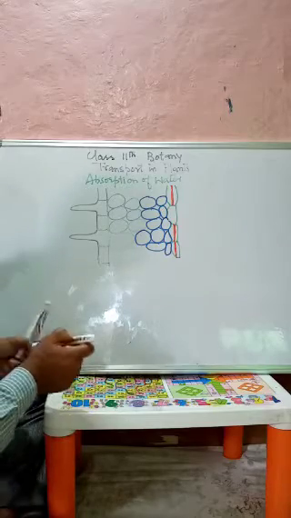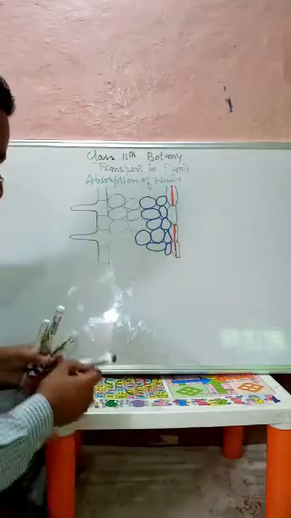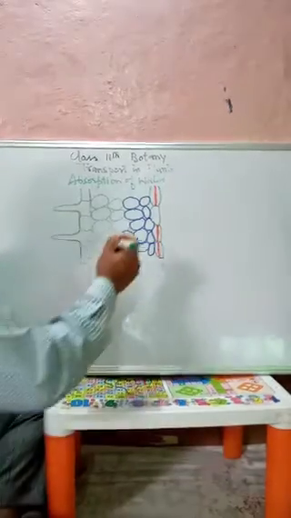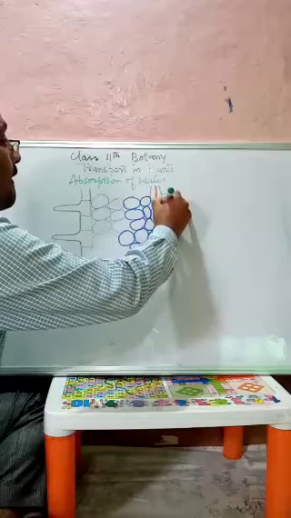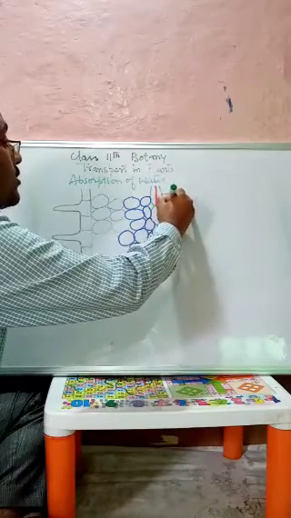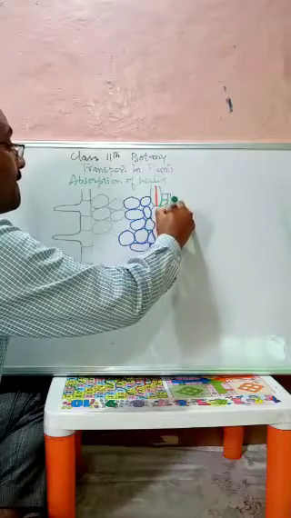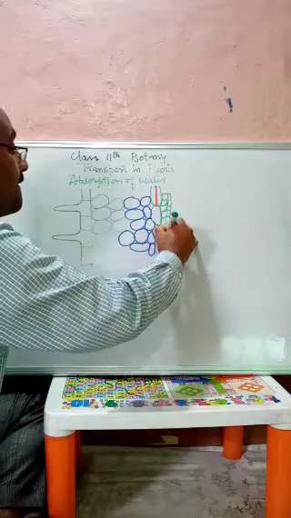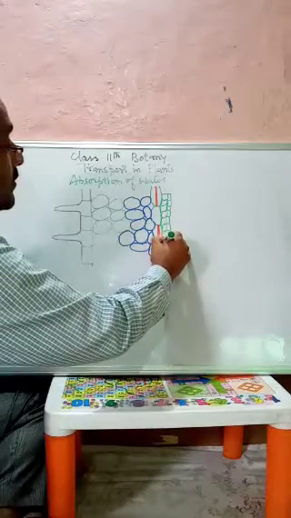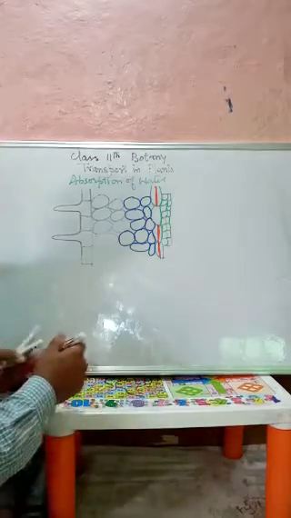Then after this we have the Casparian strips. Then the pericycle, one or two layers of this pericycle. Then after this, we have the phloem cells.